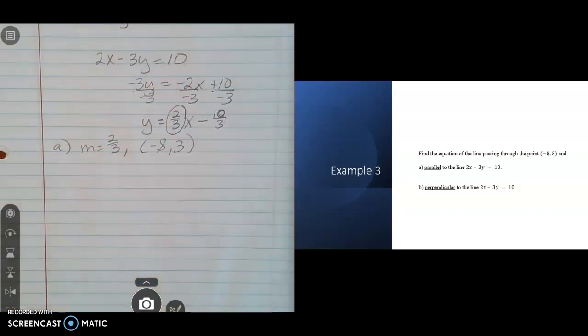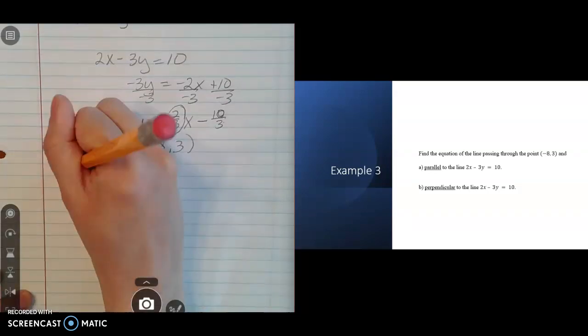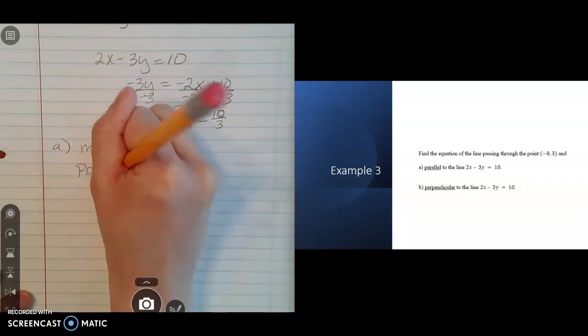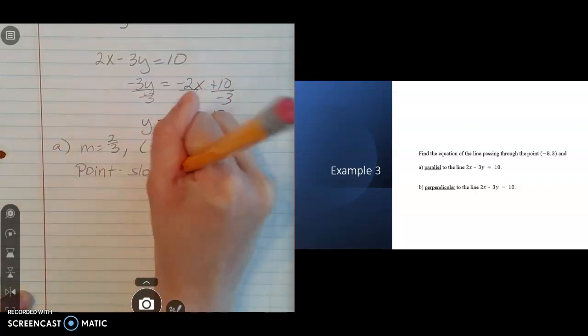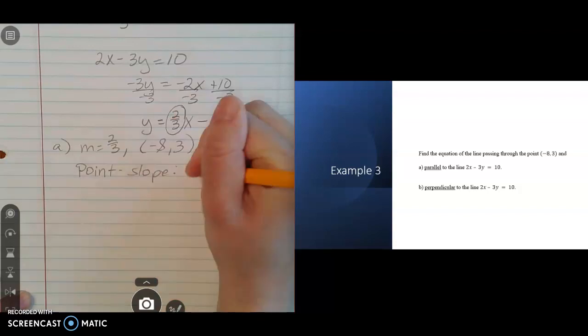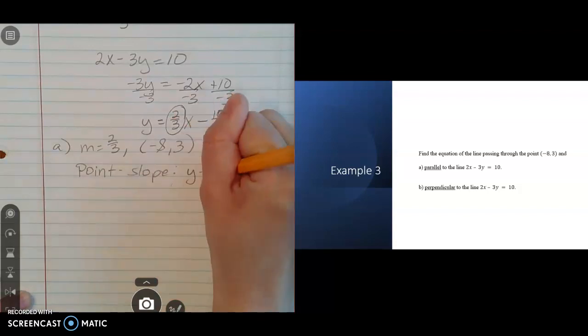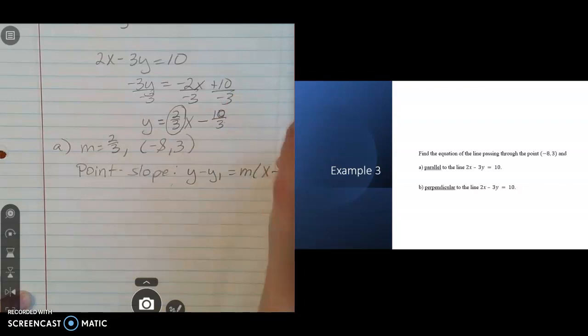Okay? So whenever you start out with a point and a slope, I think that point-slope form is the easiest way to get started. Just reminding you all, that's y minus the y-coordinate equals slope times x minus the x-coordinate.